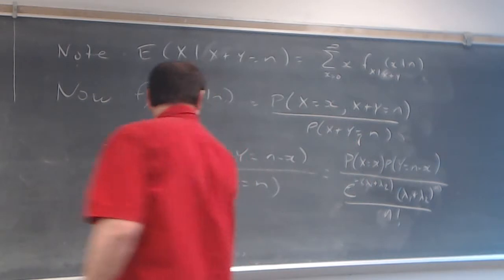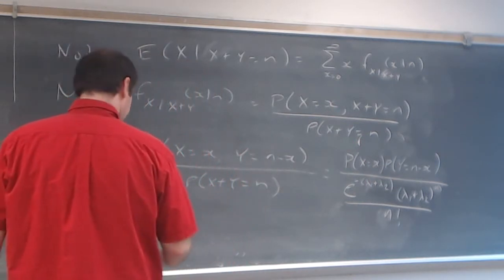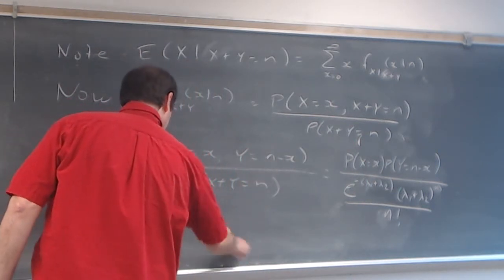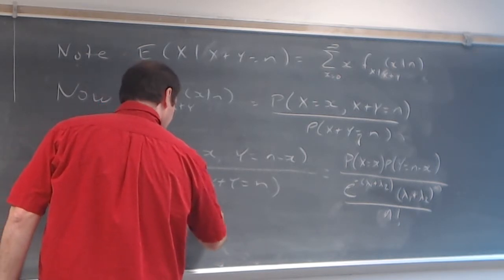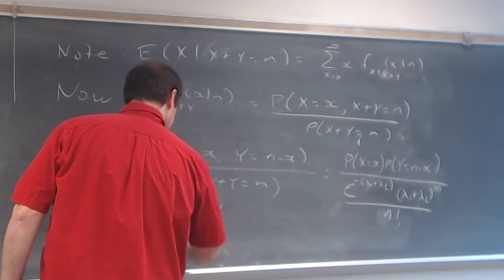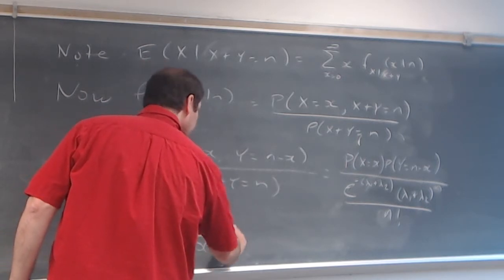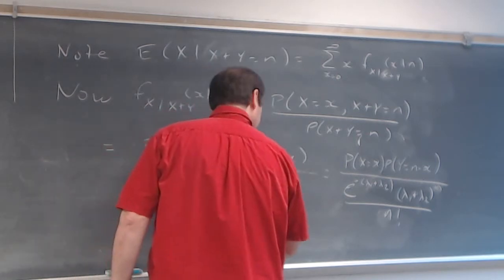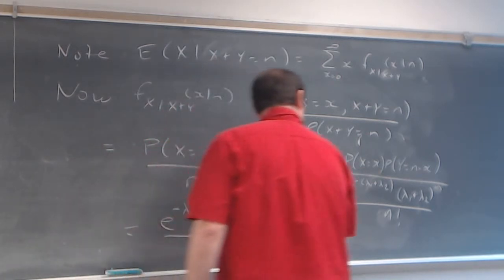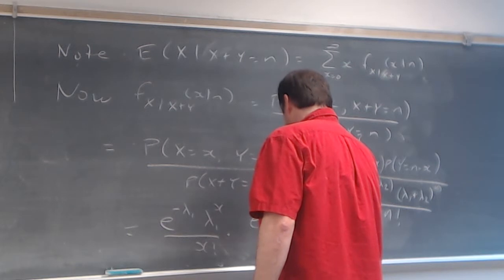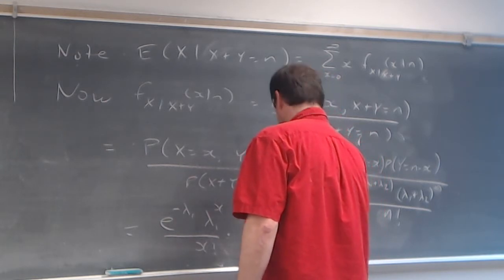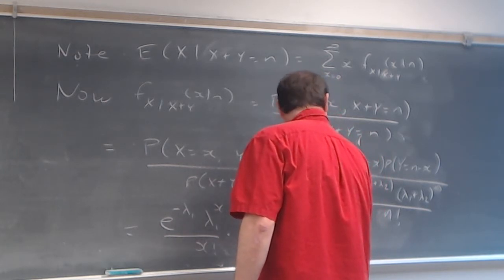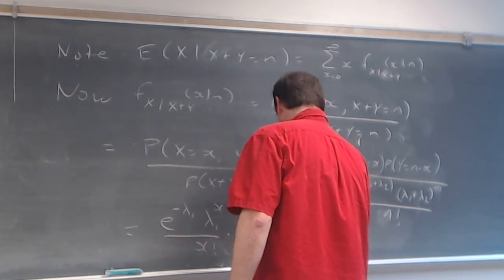Okay, that's going to be equal to, well, the probability that x is equal to x using the PMF is going to be e to the minus lambda 1, lambda 1 to the x all over x factorial, times the probability of y equal to n minus x, which is e to the minus lambda sub 2, lambda sub 2 to the n minus x all over n minus x factorial.